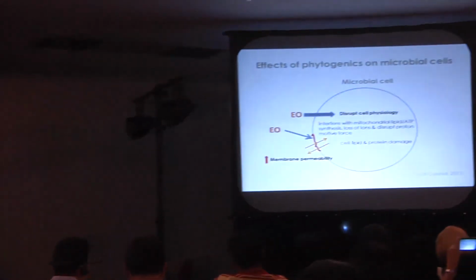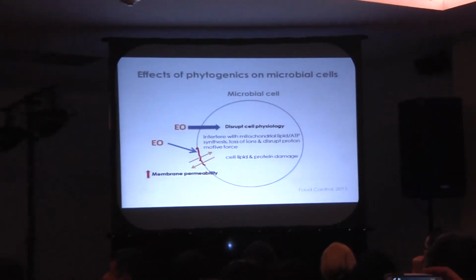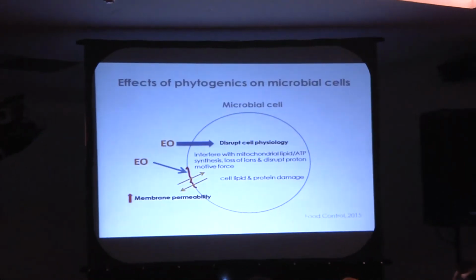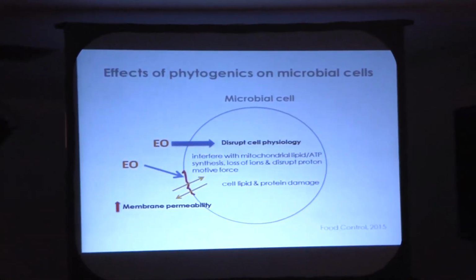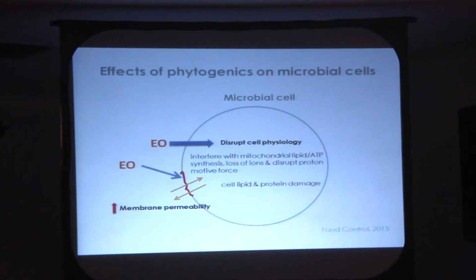Or they can affect the permeability of the cell membrane. So you get a loss of ions from the cell. The membrane is no longer able to do its job, and the movement of materials across that membrane is no longer regulated. This, again similar with the organic acids, leads to depression of the ability of the cell to grow, and eventually the cell will die.